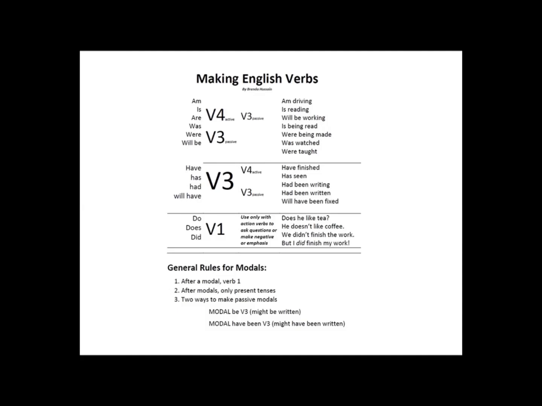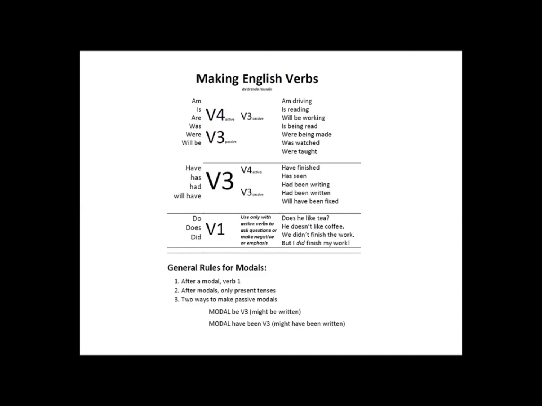So I made all of the 20 tenses, the 20 verbs, active and passive, into a formula for you. At the top you see the be verbs. Am, is, are, was, were, will be. And then in the middle you have, has, had, will have. Those 2 sections cover all 20 of the verb forms of English, the verb tenses, active and passive.